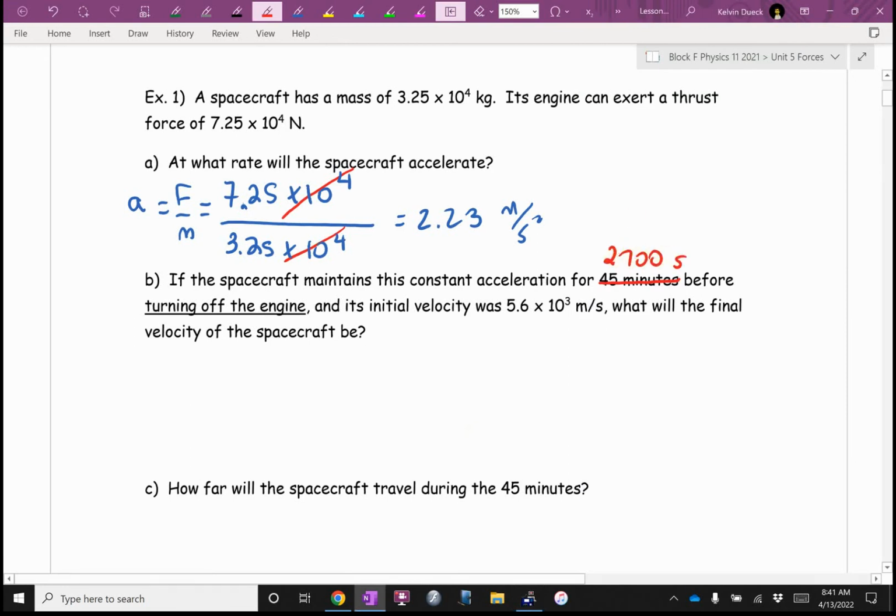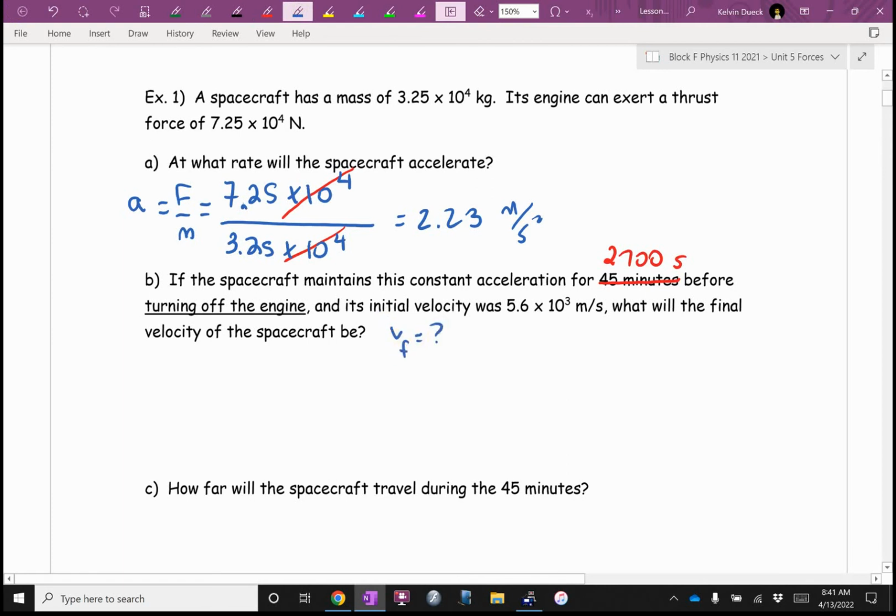Before turning off the engine, and its initial velocity was 5.6 times 10 to the 3, what will the final velocity of the spacecraft be? Okay. I kind of remember this. What's this asking me to find? Oh, you know what? I'm going to fall back on my DFIC approach. I'm going to go v_f equals question mark.